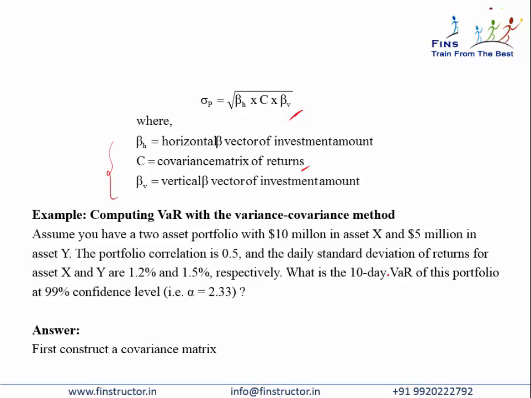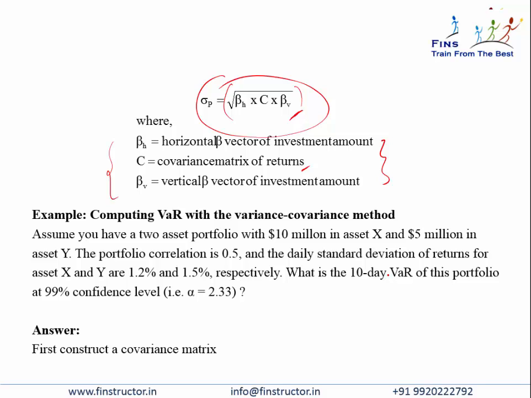This is nothing but the same formula that we studied: wx square sigma x square, wy square sigma y square, wz square sigma z square, covariance xy, covariance yz. We studied it at FRM part 1. This is just another way of depicting the same formula with slightly different terminology. You don't need to get confused with it. It's the same formula that we have been using since FRM part 1.